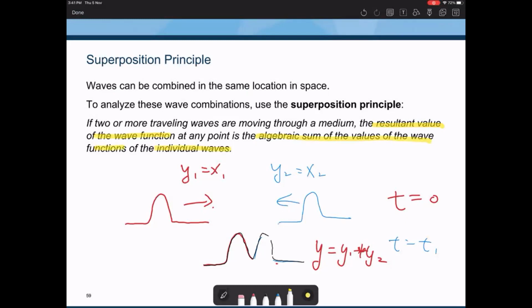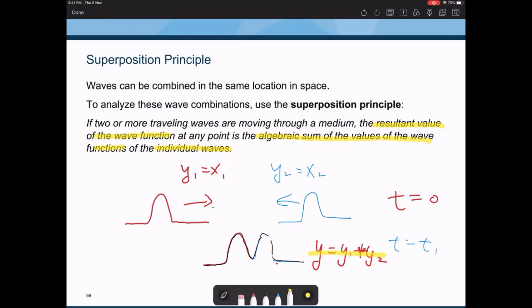So the idea simply is that at any location, the final amplitude or the final displacement is due to the sum of individual displacements.